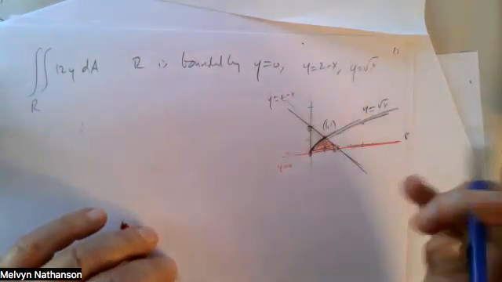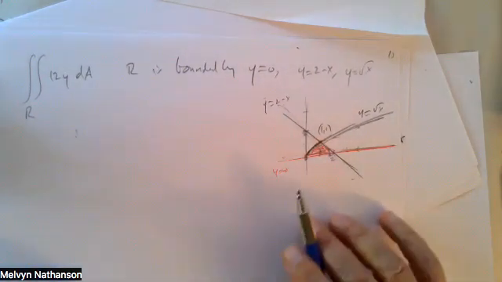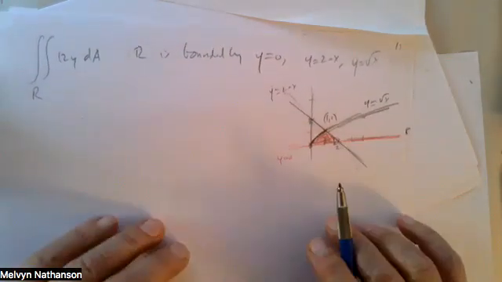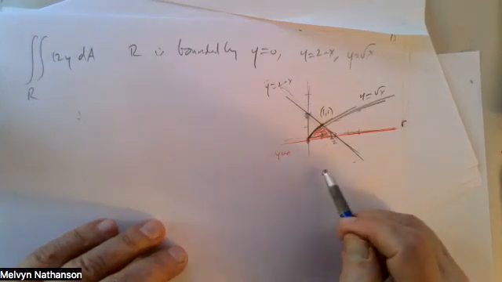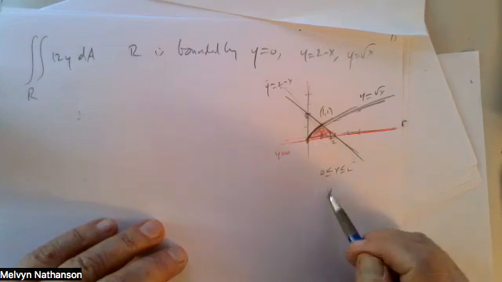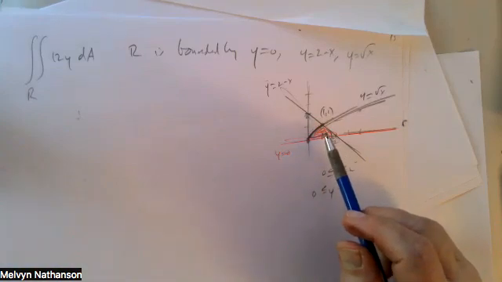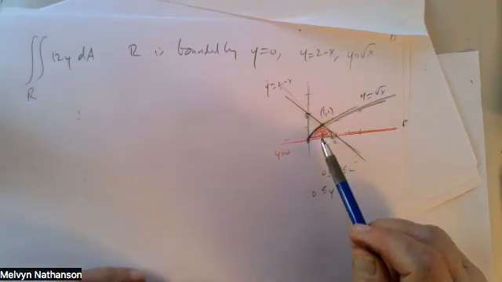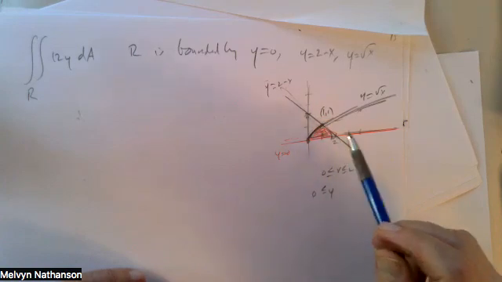Now, let's see, this point is 2. Right? So how do you describe this region R? You could say x is between 0 and 2, and y is bounded below by 0, but its upper bound depends on whether x is between 0 and 1 or between 1 and 2.